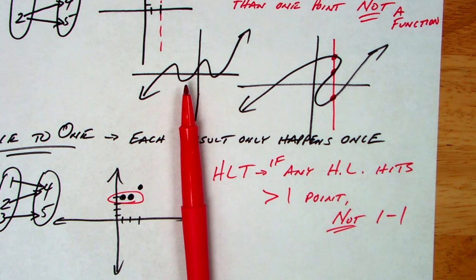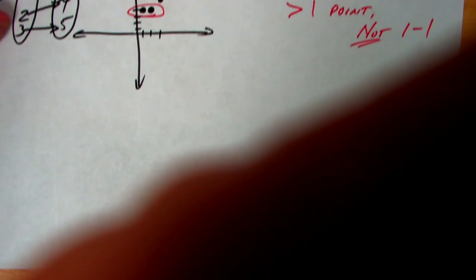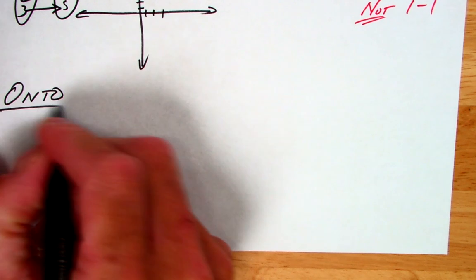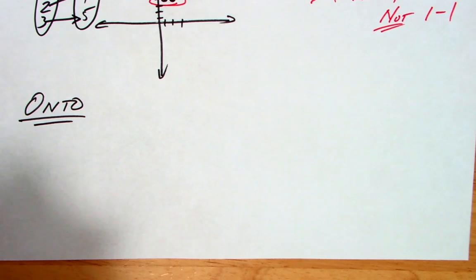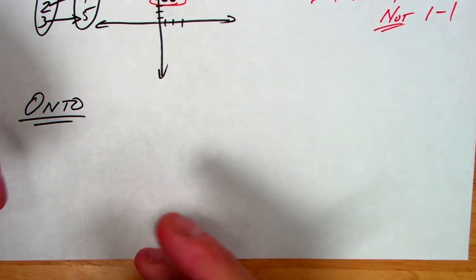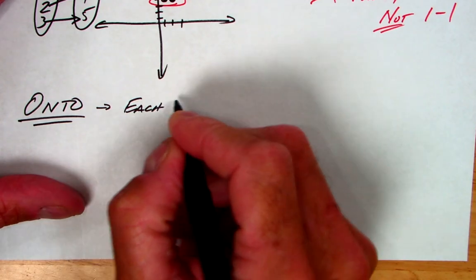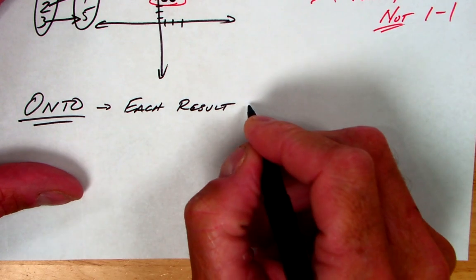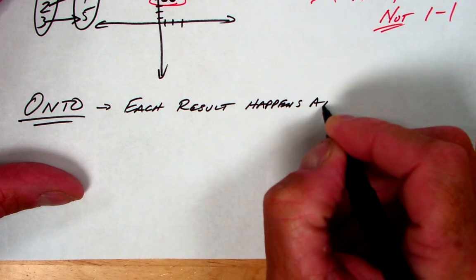Okay. On to onto. Onto basically means each result happens at least once.